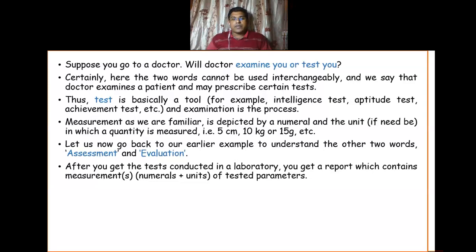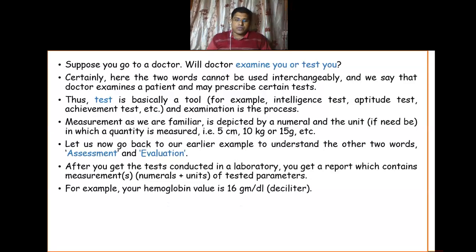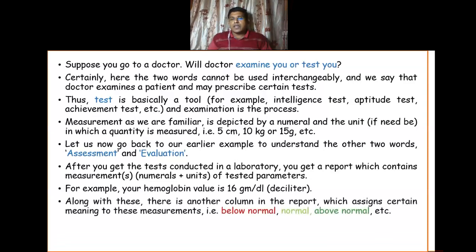These measurements have numerals as well as units. For example, your hemoglobin is 16 gm per deciliter. Here the numeral is there and the unit is also there, showing in which measurement we are taking it.